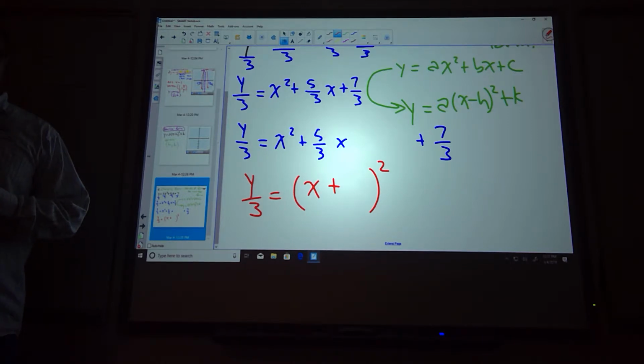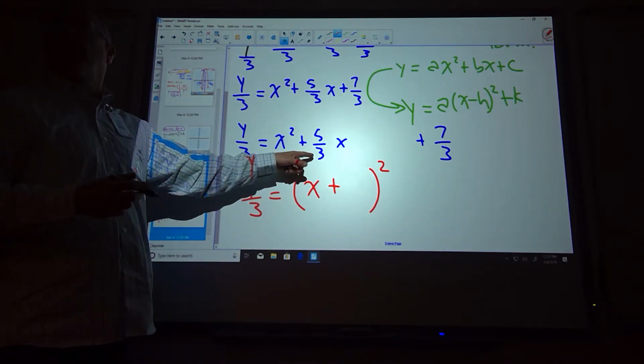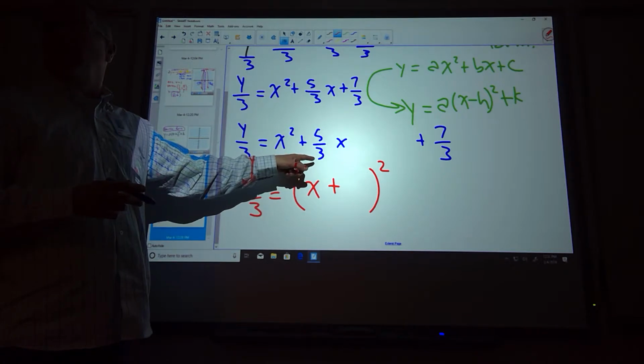If I had 1/8 of a pizza, if I double the denominator, I'd have 1/16. So I'm making each slice a little smaller, right? So what is half of 5/3 by doubling the denominator?